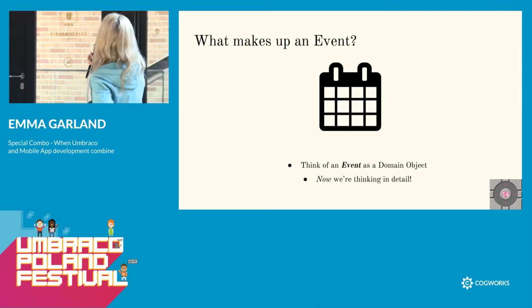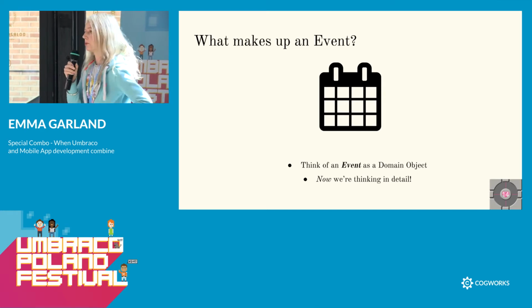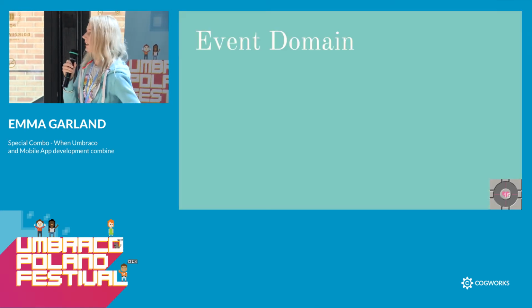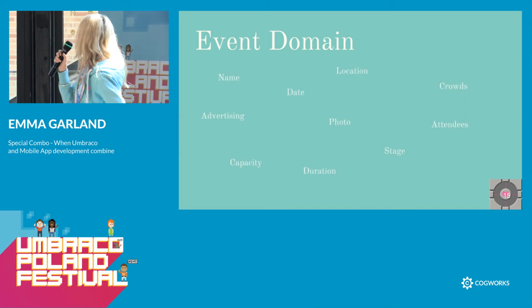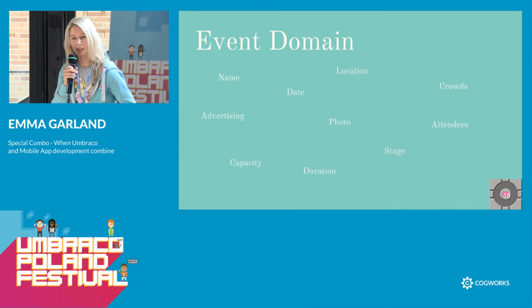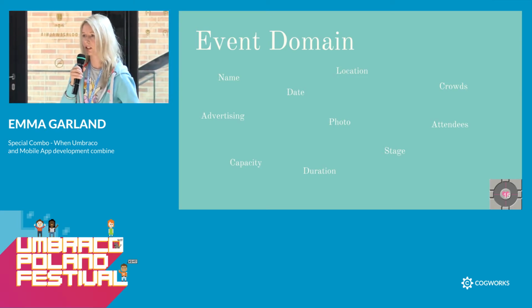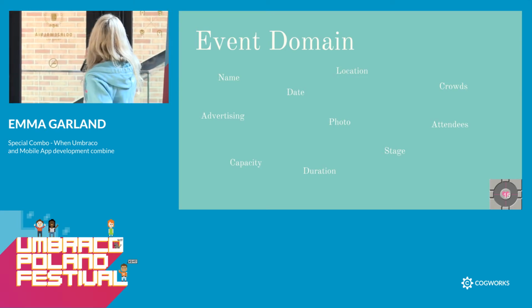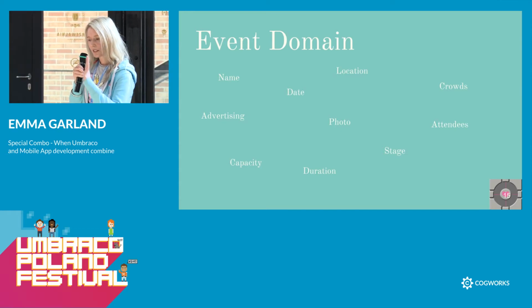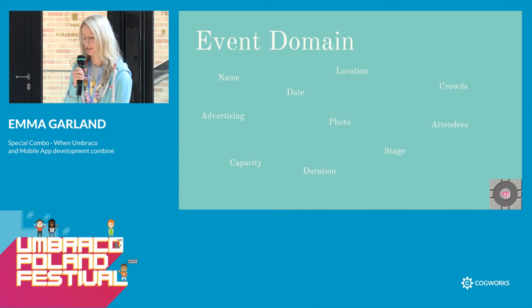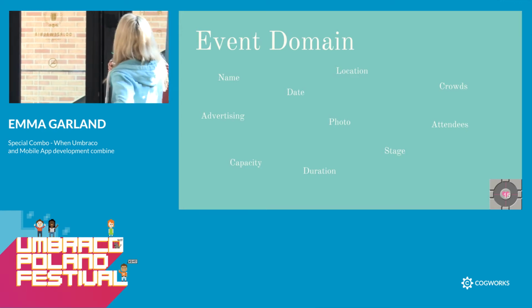Name, yeah, brilliant. Okay, so you would come up with everything in detail. We also had duration, capacity, so you would have a limited capacity, attendees and crowds and so on. So you're really now building up the detail, starting to zoom in on these different components.